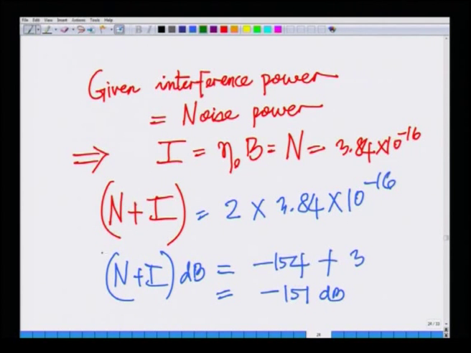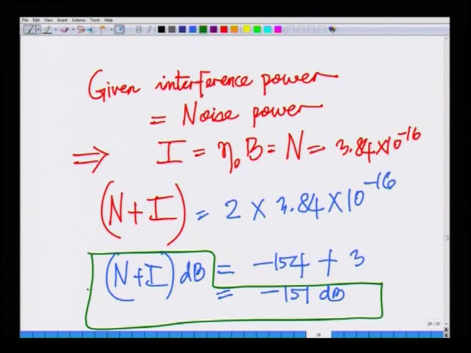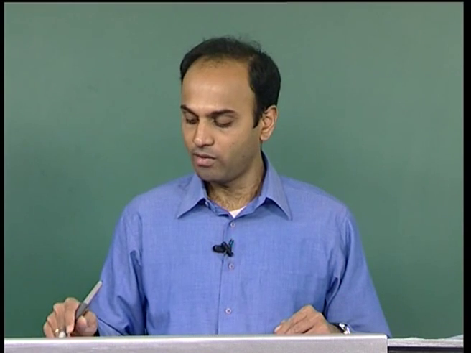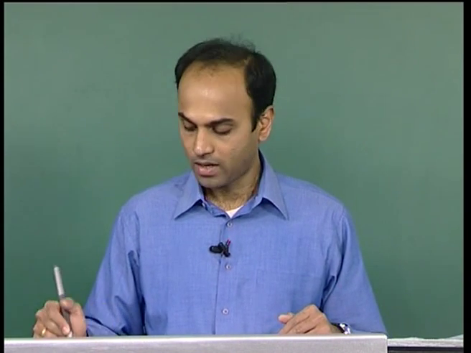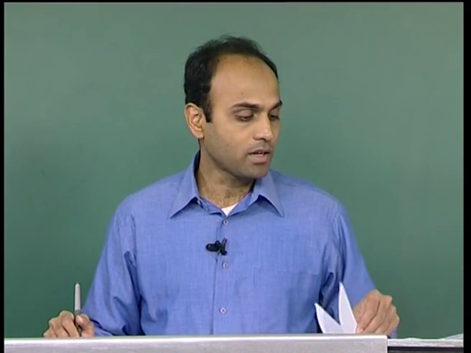Hence, the noise plus interference power required, in dB, is minus 151 dB. Now, let us compute another aspect, which is the required SNR.